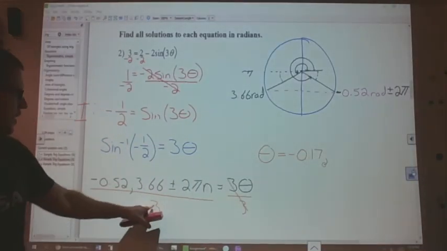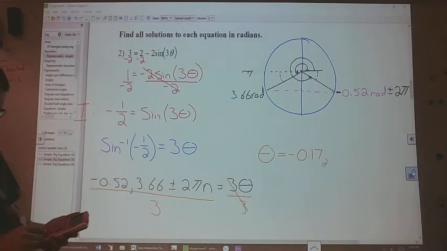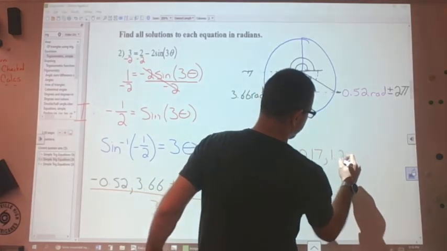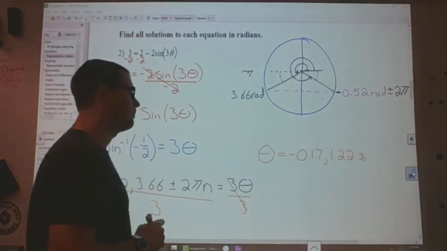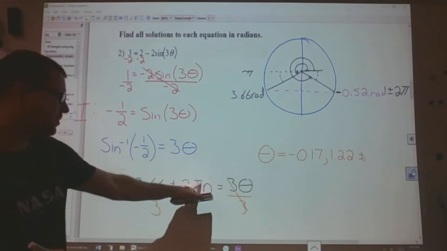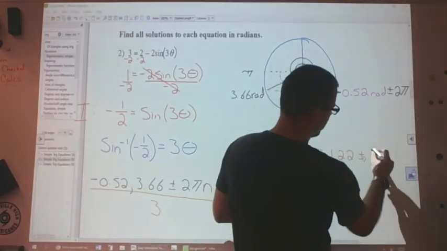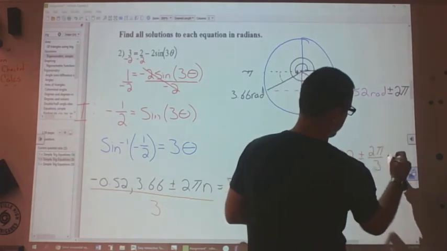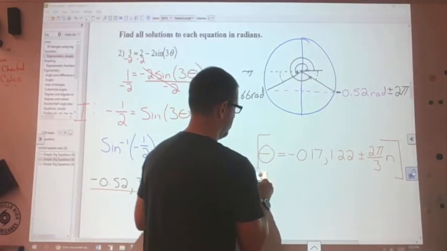So that's that one. 3.66 divided by 3 is 1.22. Verify that, but 1.22 radians. Plus or minus. And then the period also gets divided. 2 pi divided by 3, just 2 pi over 3. And that's what my answer would look like there.